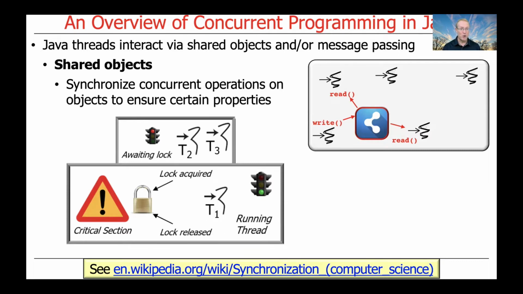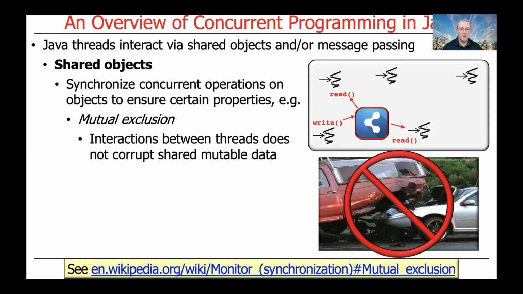You might have something called a critical section, which is a piece of code that needs to be protected from simultaneous read-write access or write-write access from multiple threads. The typical way of doing this in Java is by using some kind of mutual exclusion mechanism, which ensures that interactions between multiple threads won't corrupt shared mutable data. Mutable data is just data that could be changed. In other words, written to as well as read from by some other threads.